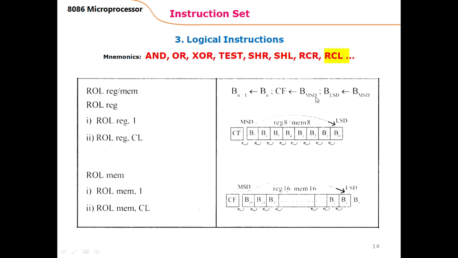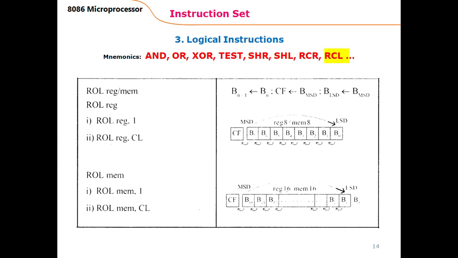The most significant digit is also copied to the least significant digit. So the most significant digit is moved to the least significant digit, and Bn is copied to B(n+1). So each bit is copied to the next higher bit.